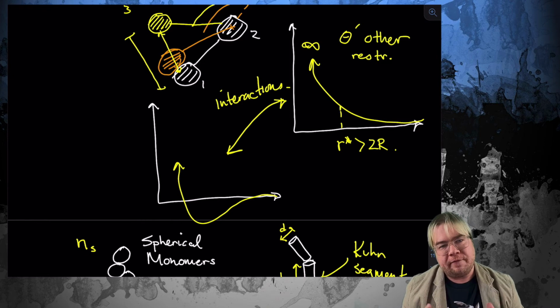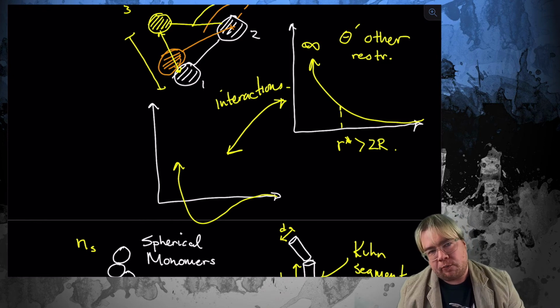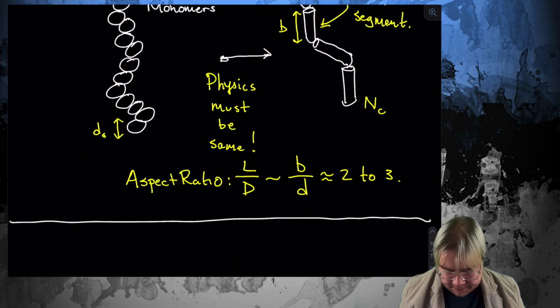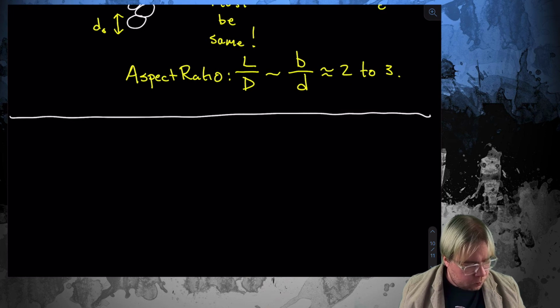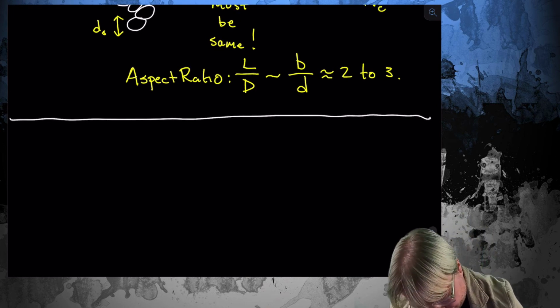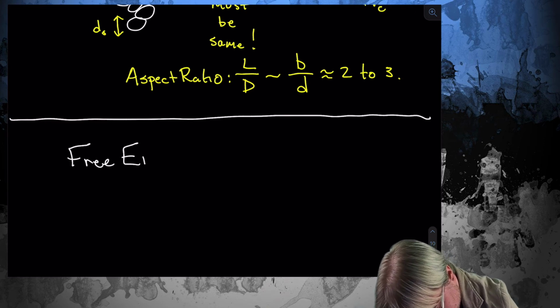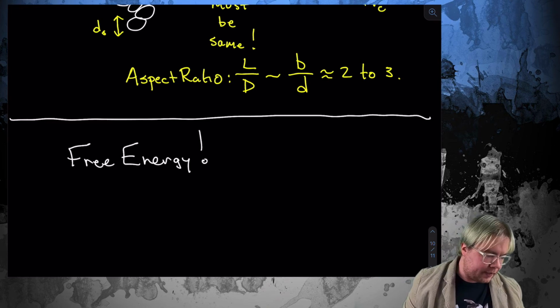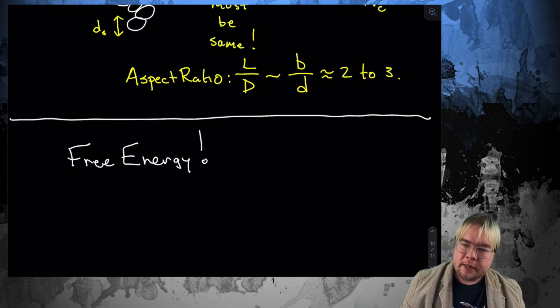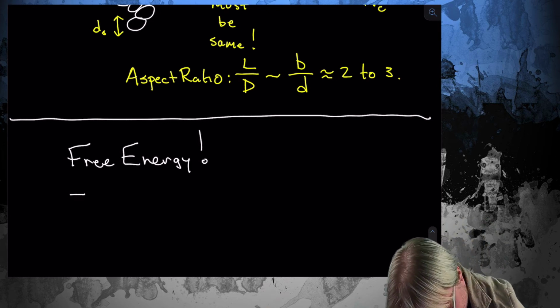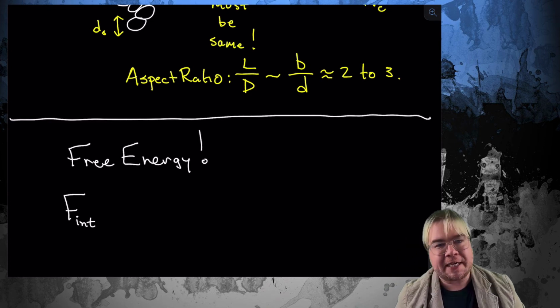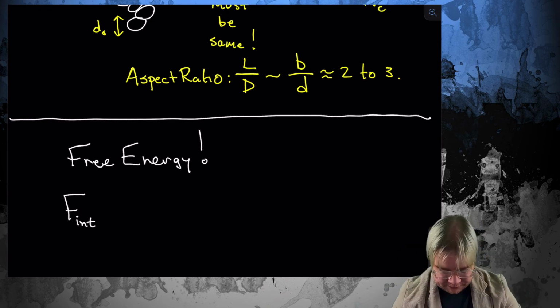There's excluded volume that's causing our chain to be bulked up or more collapsed than it would be otherwise. So what can we do? Well, we can talk about the free energy. I mean, that's always a useful thing to talk about. So if we do that, let's talk about the free energy from interaction. So this is a small piece of the free energy.